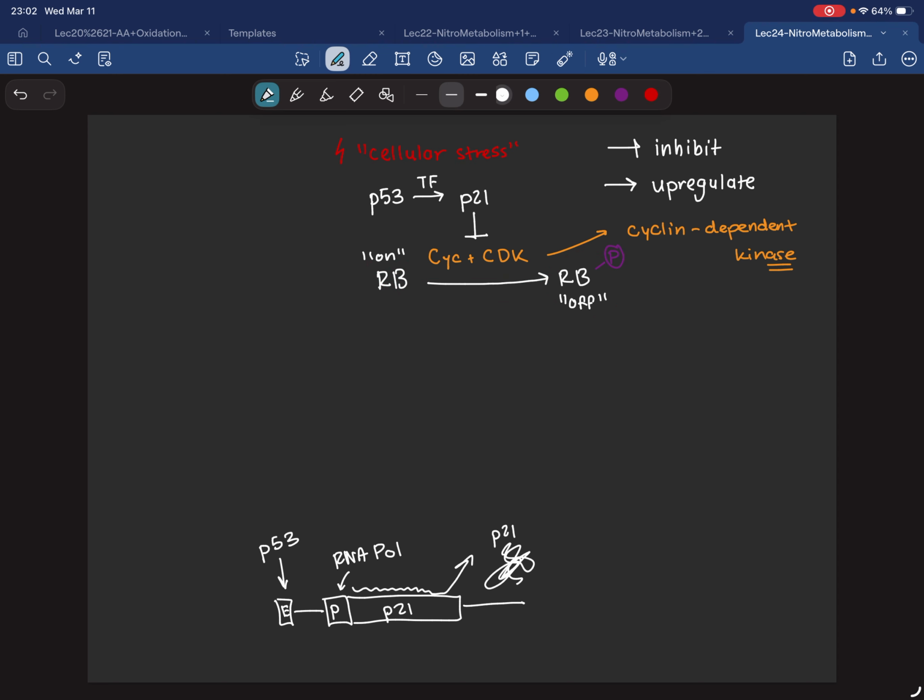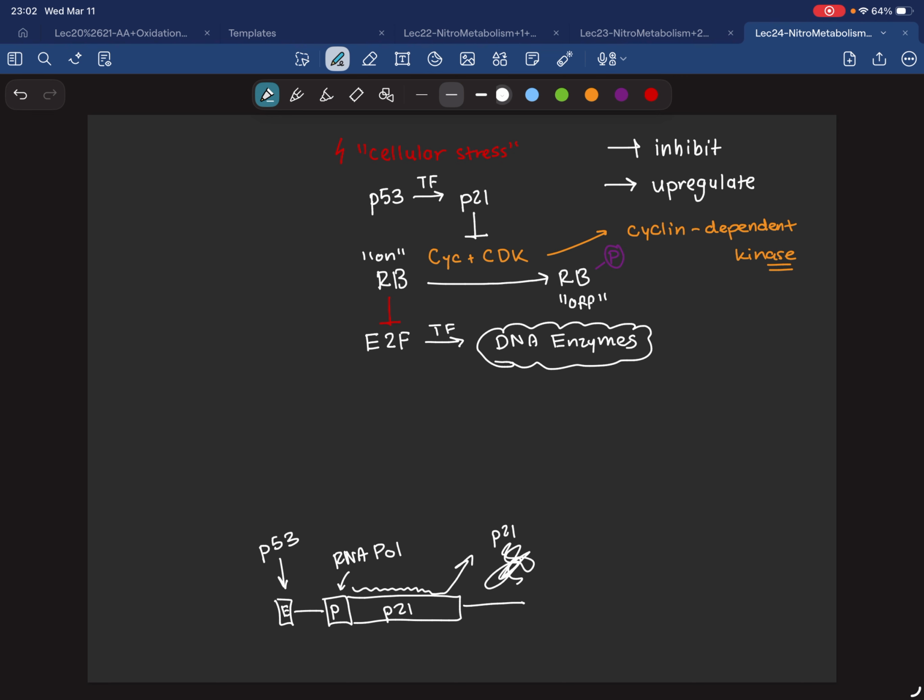This is important because RB is a co-repressor for another transcription factor called E2F. Now, E2F is the transcription factor for a whole bunch of DNA enzymes. This is like DNA polymerase, ligase, all these enzymes that you need to make in order to do the cell cycle, to do cell division, DNA replication.